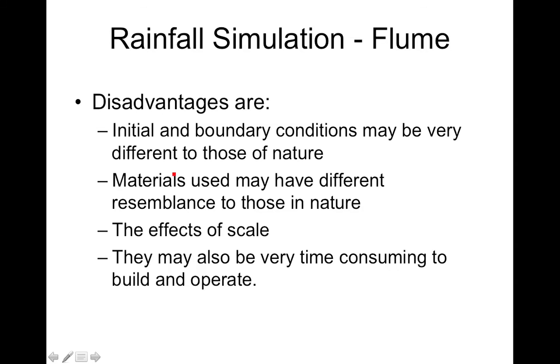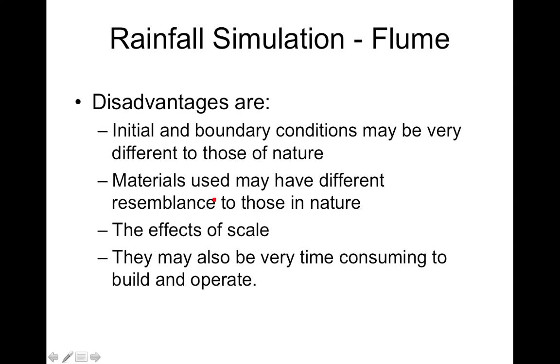So you have to design and interpret your experiments carefully. The materials that you use may be different because you might have disturbed the soil and then tried to place it back into some flume that you do your experiment on, but of course that's disturbed all the soil properties and you've mixed things up a bit. You've moved rock around, so it might not reflect actually how the soil is in a real site.